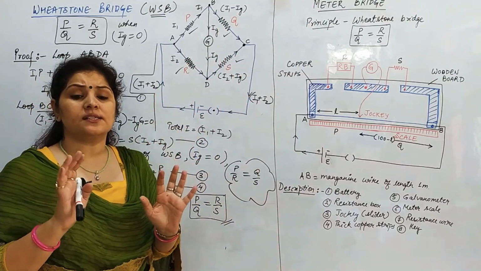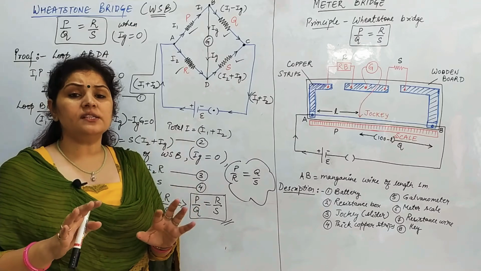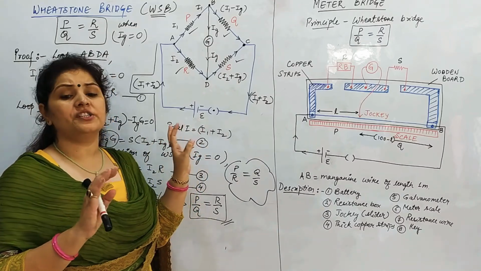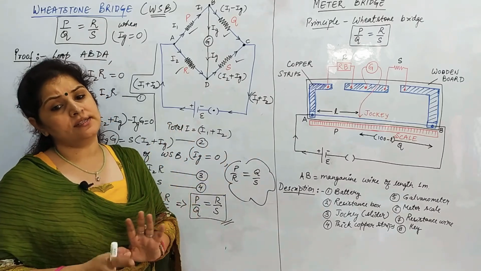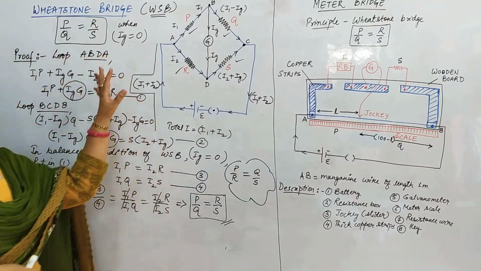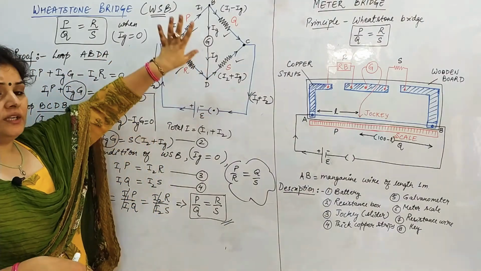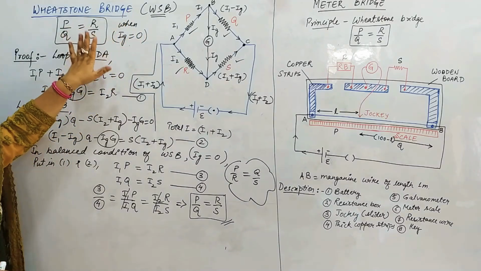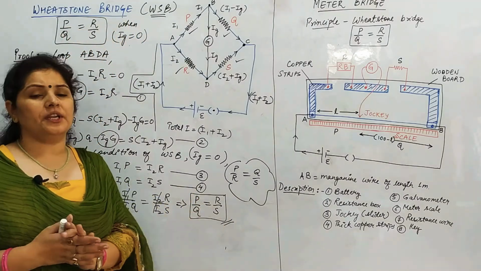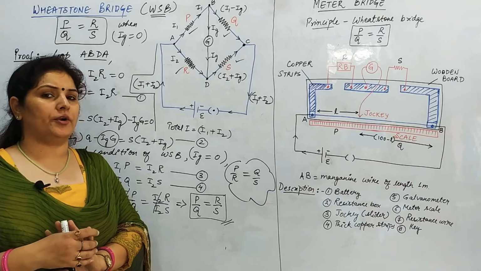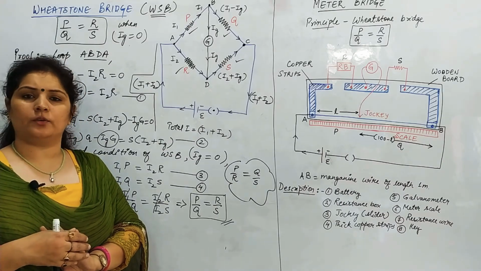If all four resistances are of the same order, then we say that the given Wheatstone bridge is the most sensitive one, right? So this is how diagram, statement, description and proof give you 3 marks in the board. Very important topic with respect to the board exam.